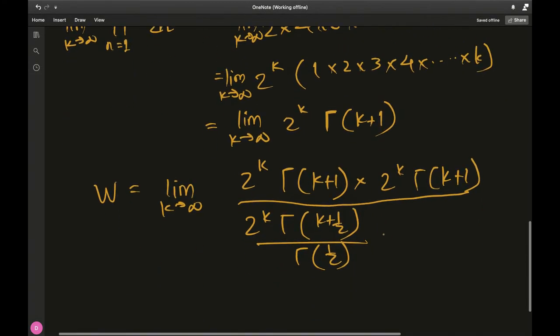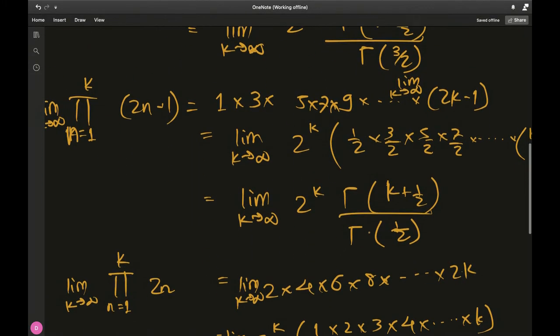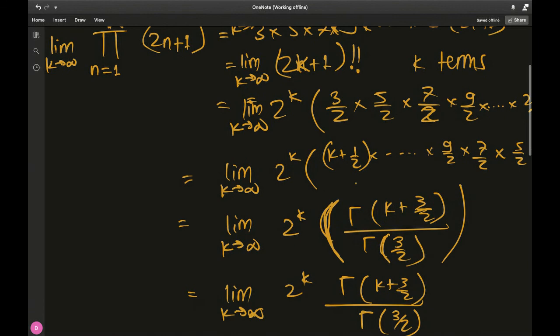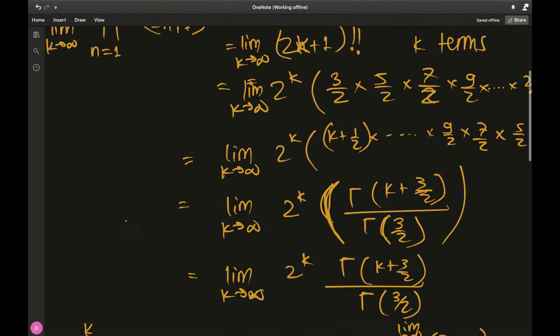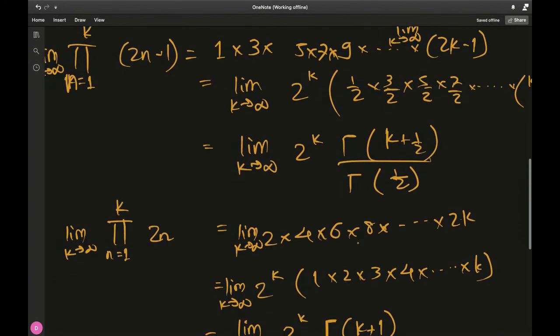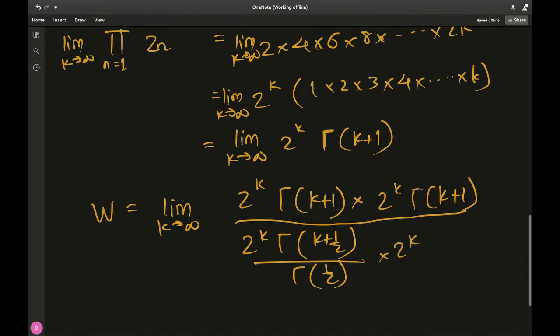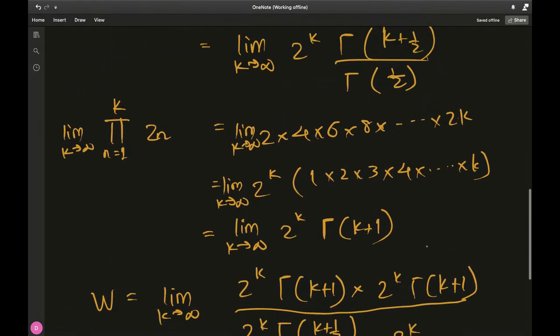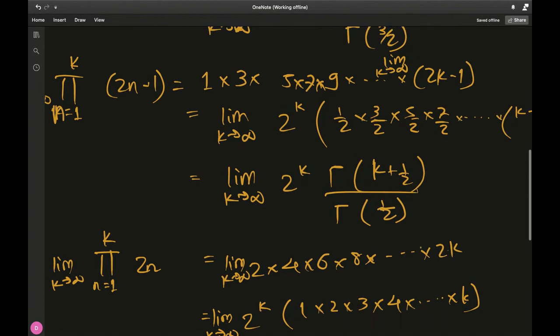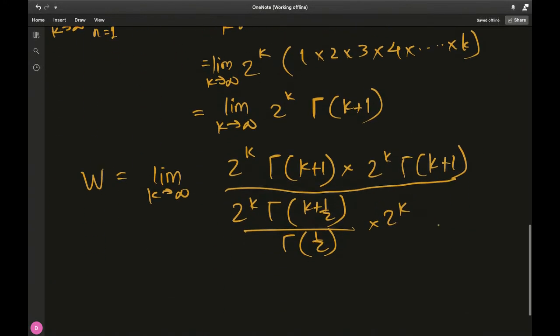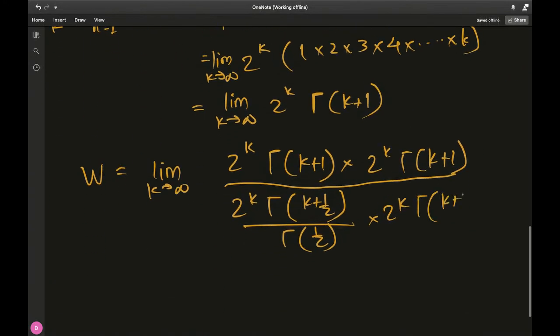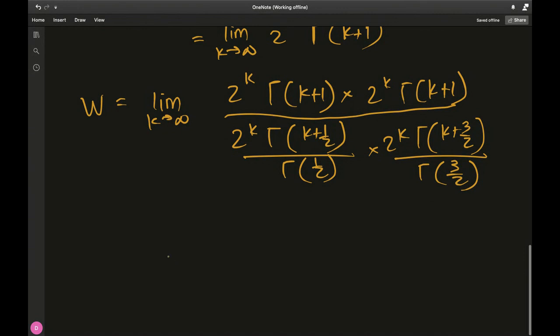times another 2n plus 1, which actually became 2 to the k times gamma of k plus 3 by 2 divided by gamma of 3 by 2. Okay, so notice the 2 to the k's will cancel out each time.